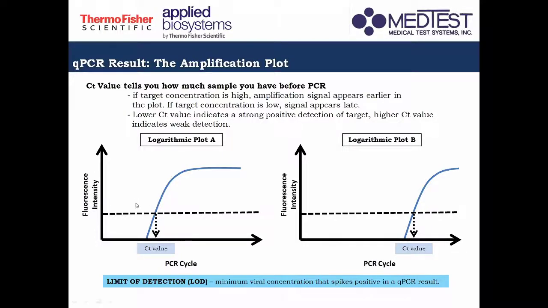If you look at your amplification plot, you have set your threshold, and you find that your curve seems to be at the earlier cycles of your PCR run, then that would mean the concentration of your DNA in your sample is very high, so maagang na-detect ng instrument yung fluorescence.